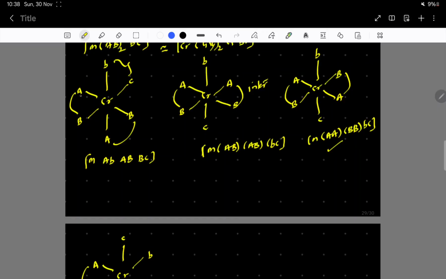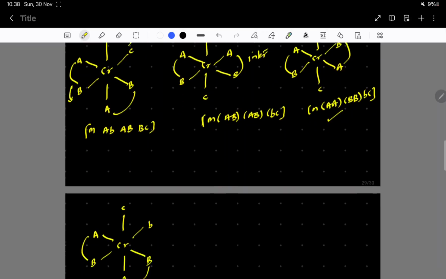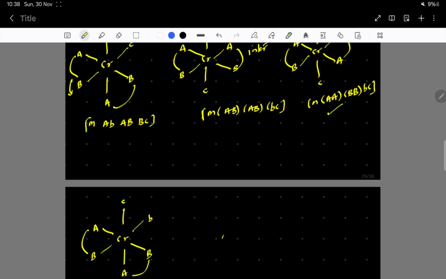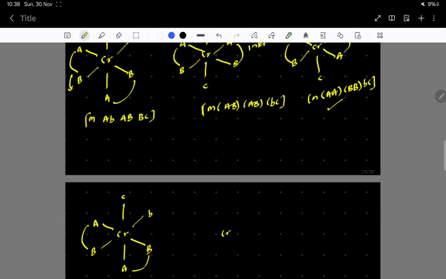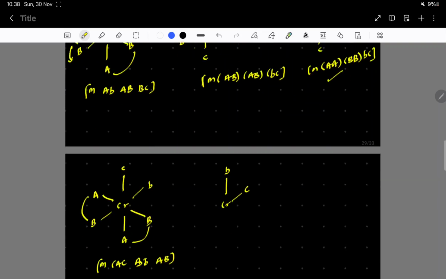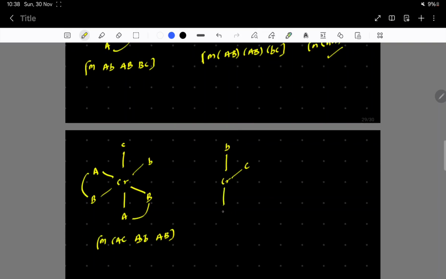Now if I change here AB, I will do this interchange. Now if I do interchange here, student, I will keep BC as it is, no change. So BC I will keep as it is. Now I will keep AB as it is. Now here I am changing this BA. Possibilities we are searching, student.